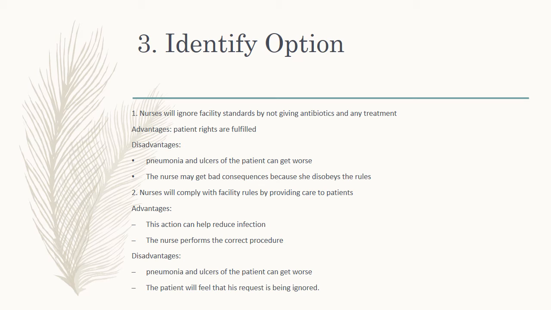Option 2 is nurses will comply with facility rules by providing care to the patient. The advantage is this action can help reduce infection, and also the nurse performs the correct procedure. The disadvantage is the pneumonia and ulcer of the patient can get worse. The patient will feel that her request is being ignored.